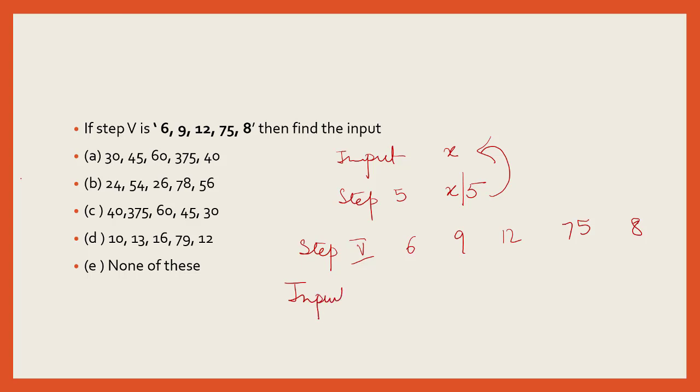That will be recreated by multiplying each number here by 5. So 5 into 6 is 30, 9 into 5 is 45, 12 into 5 is 60, 75 into 5 is 375, and 8 into 5 is 40. So out of the given options, our answer should be option number A.